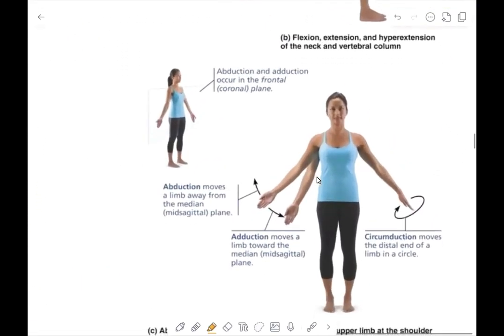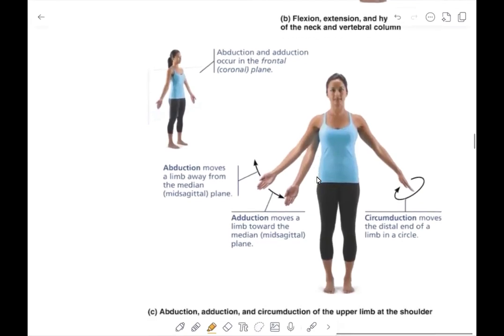And we can see her doing these movements. And I would encourage you to do them as well. So pause the video, make the movement, and so on. So if she's going to abduct her arm, she's going to pull her arm away from the midline. She basically goes from the arm here, moving it away. Then adducting would be returning it to the midline.